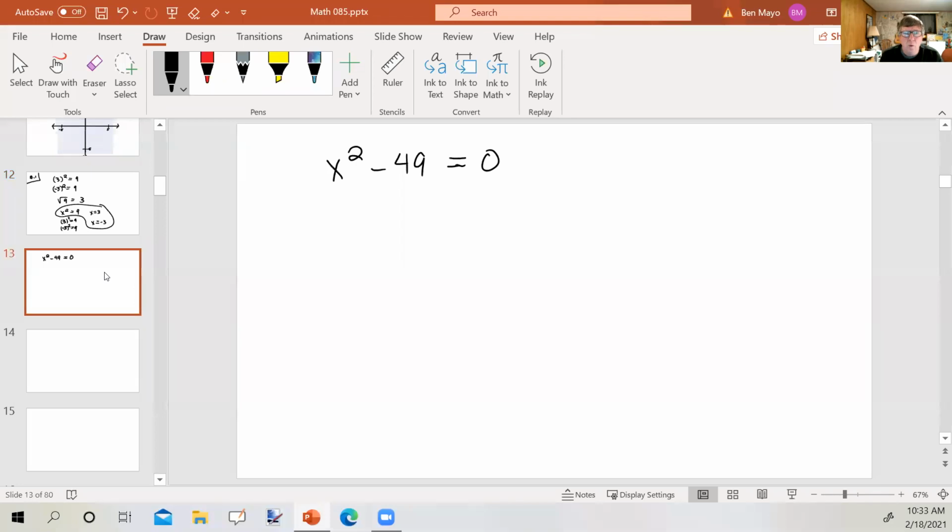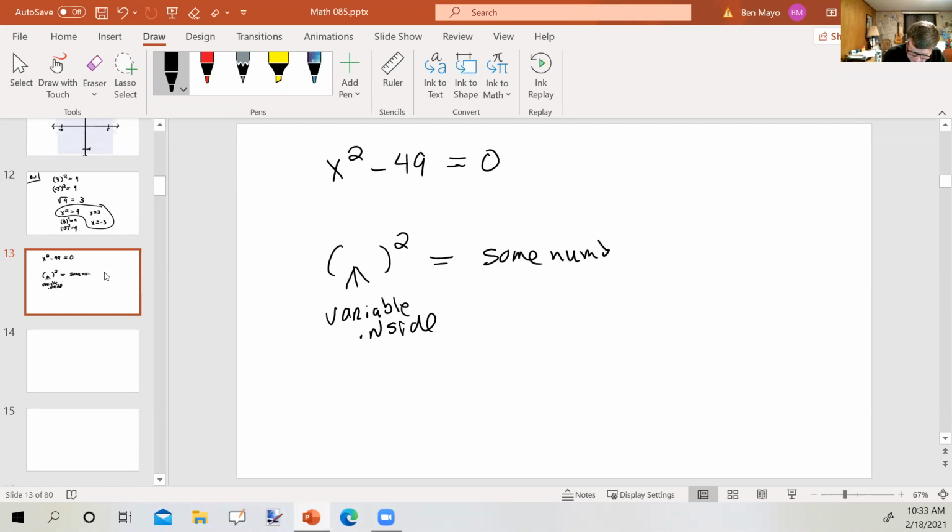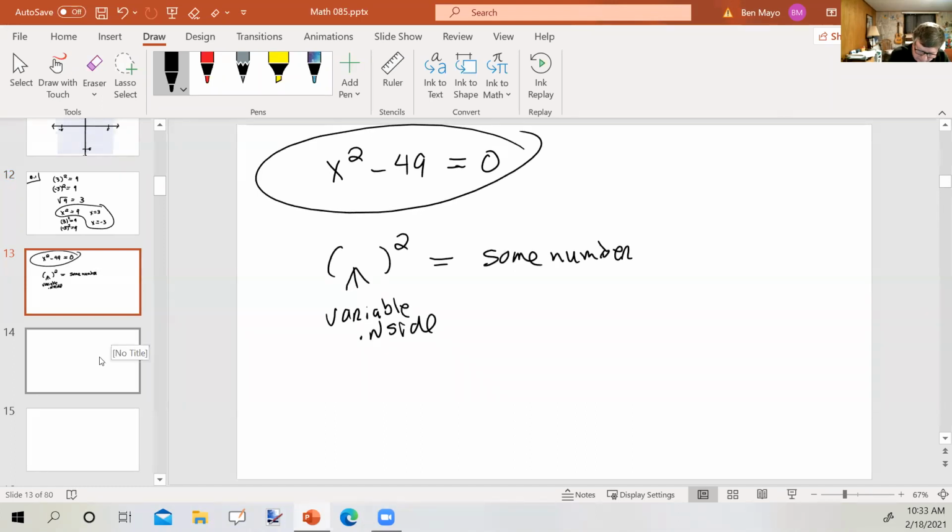What we're going to do is take this equation and write it in the form where we have a square on one side that has a variable inside. Now, it might have other things besides the variable, but it will have the variable inside equal to some number.